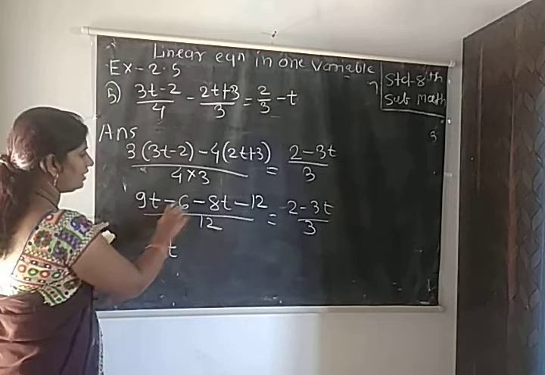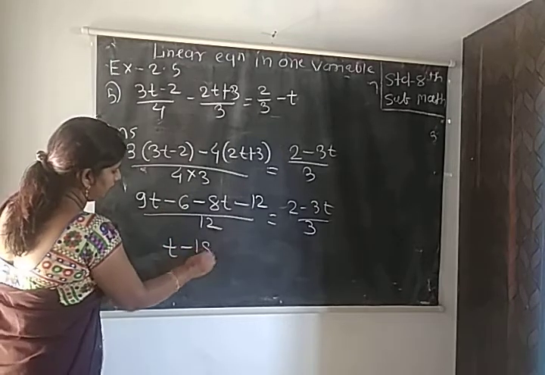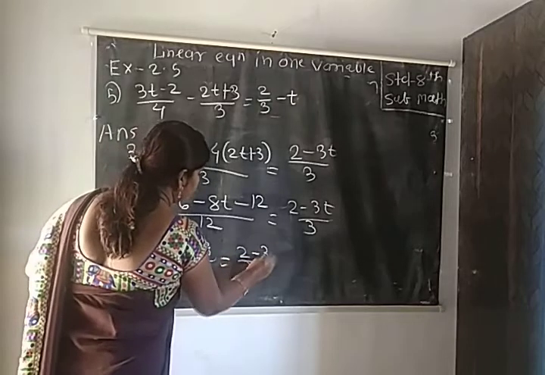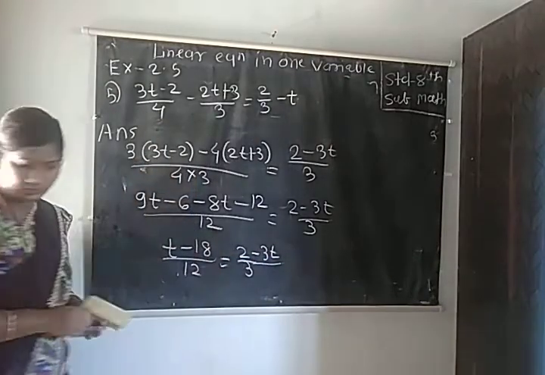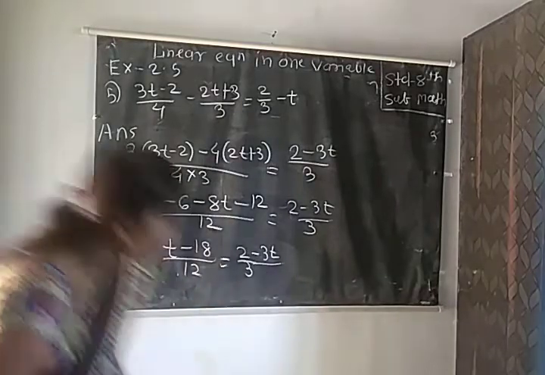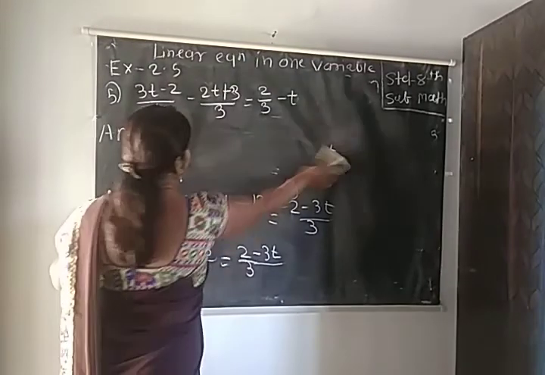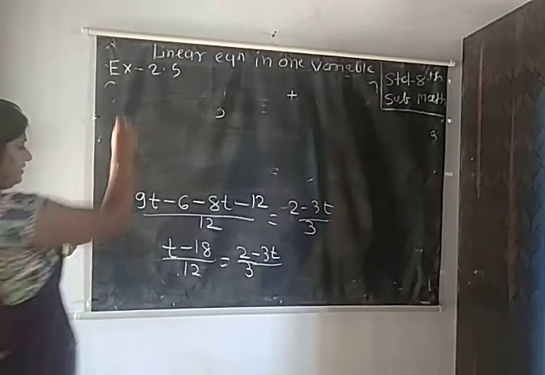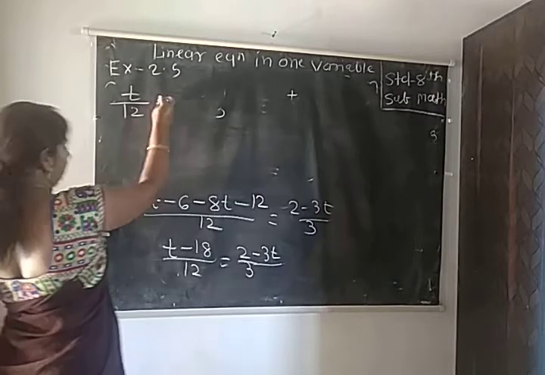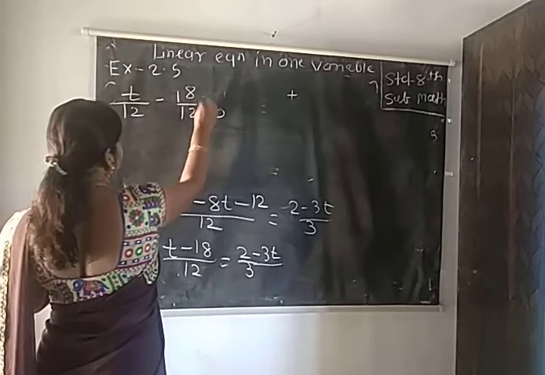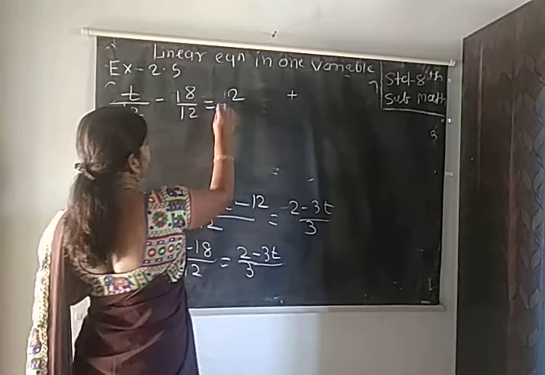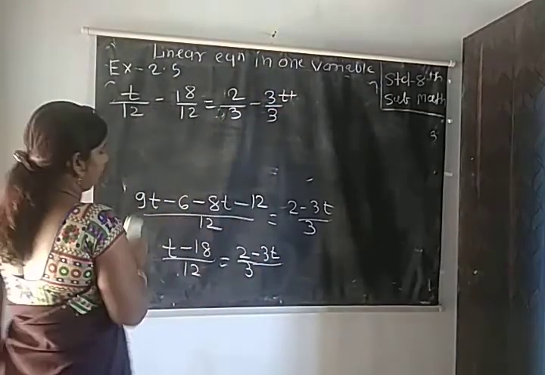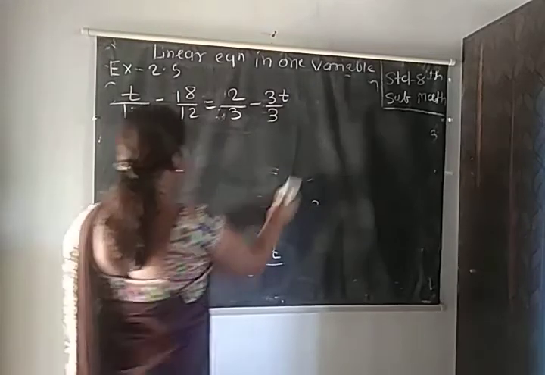Only t, and minus 6 minus 12 is minus 18, upon 12 is equal to 2 by (3 minus 3t). Okay, now solve the next. So t upon 12 minus 18 upon 12 is equal to 2 by 3 minus 3t upon 3, and then solve this.